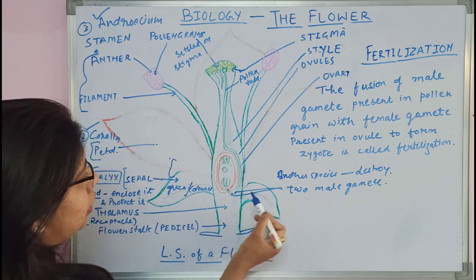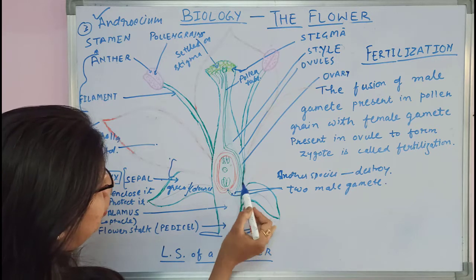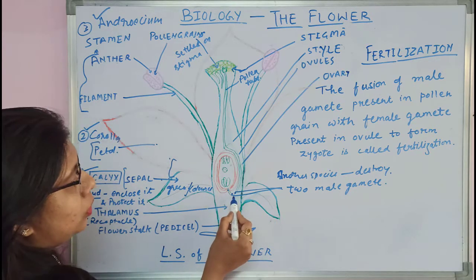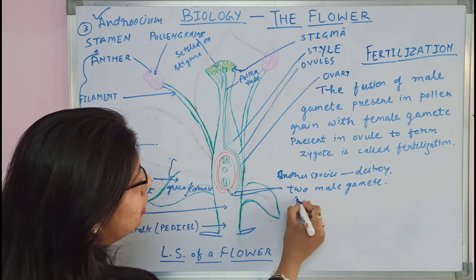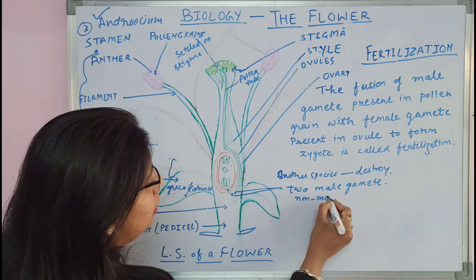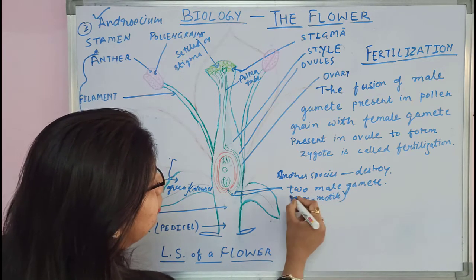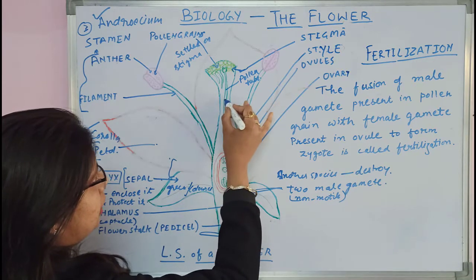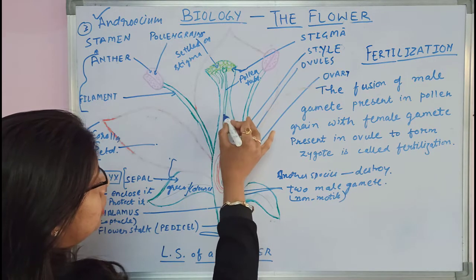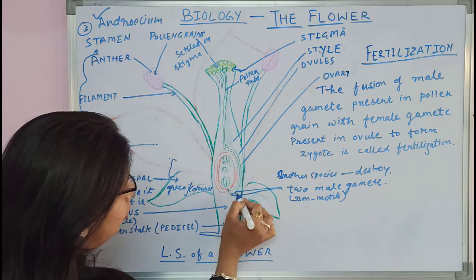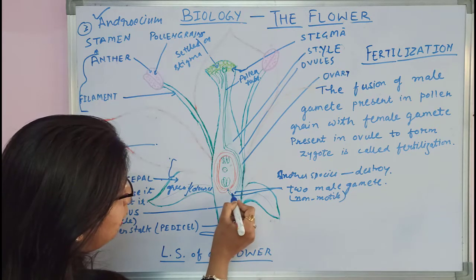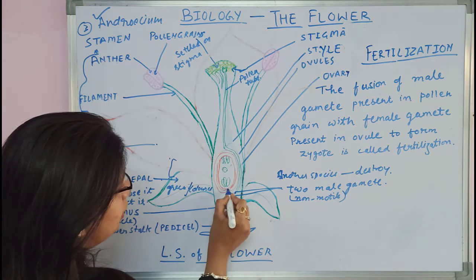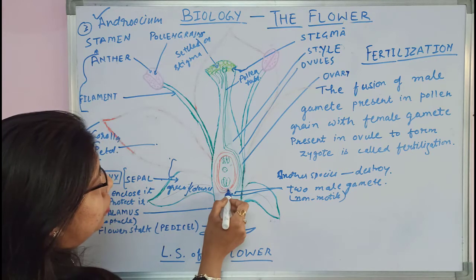How do these male gametes move in the pollen tube? Basically, these male gametes are non-motile. They can't move on their own. Some enzymes released in this pollen tube move these male gametes and bring them to the micropyle, or entry point of the ovary.